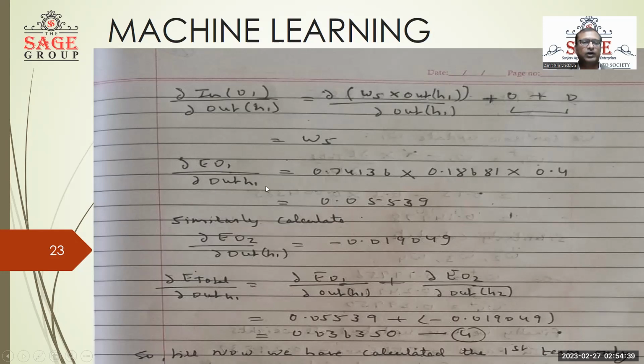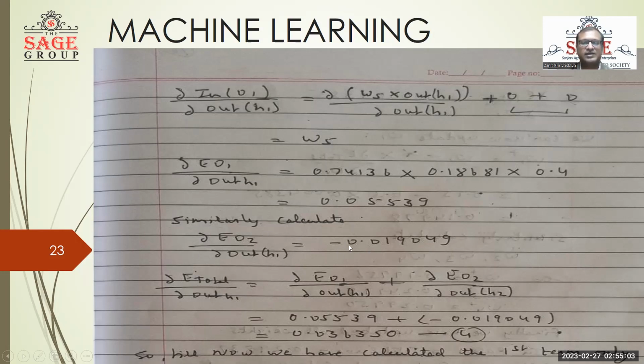So ∂E_O1/∂out_H1 is these terms. We have already calculated the first two terms, so we can take the previous values and then this W5, which is 0.4. So we get the output of ∂E_O1/∂out_H1 as 0.05539. Similarly, we can calculate ∂E_O2/∂out_H1.